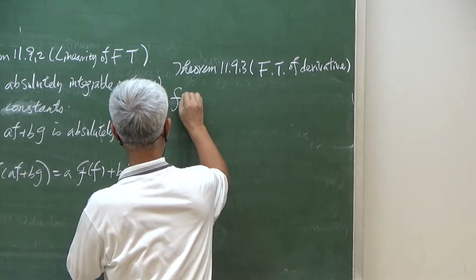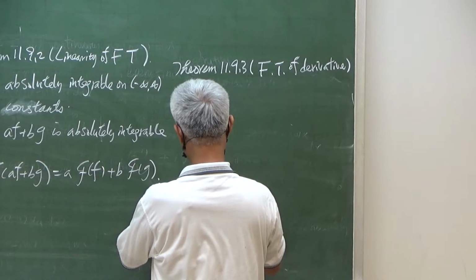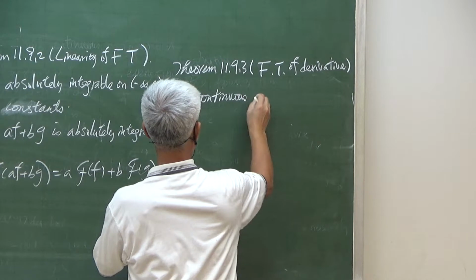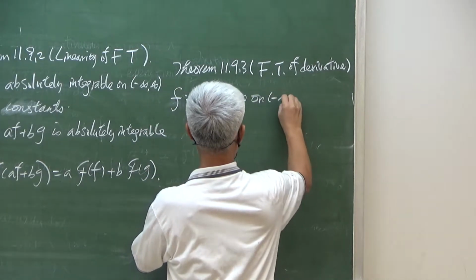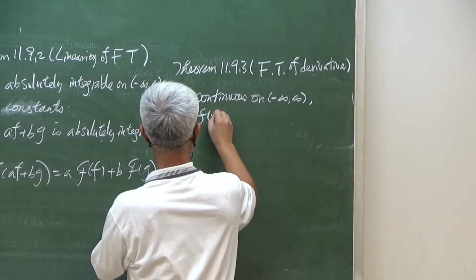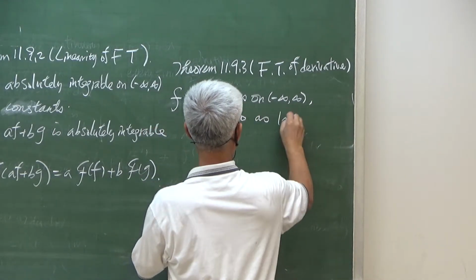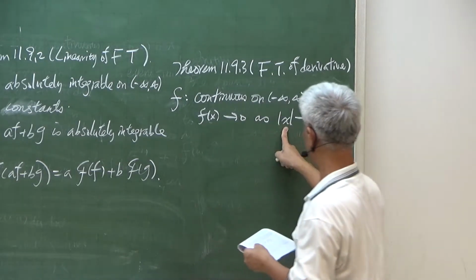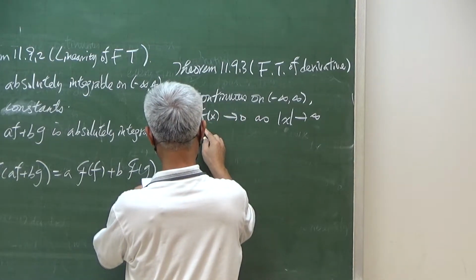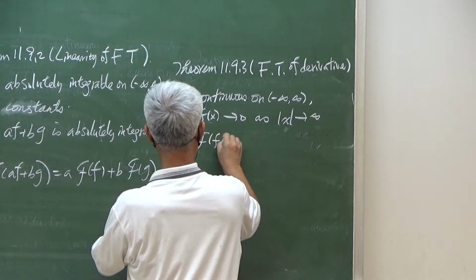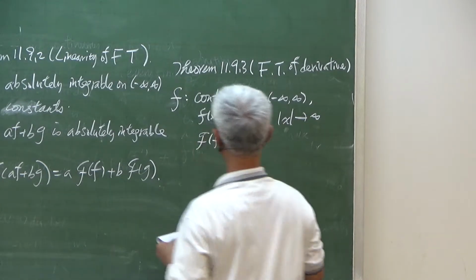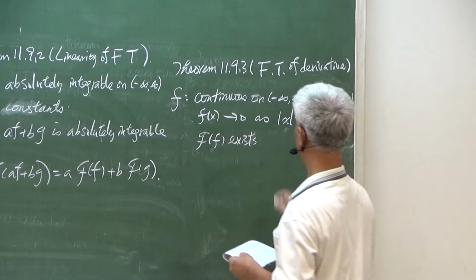So now we require f to be continuous, f of x goes to 0 as the value of x goes to infinity, so it decays, and the third thing is that the Fourier transform exists.